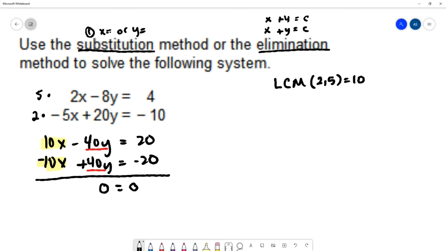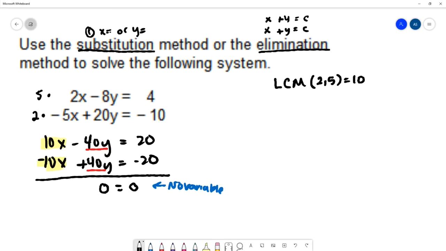So whenever this happens, and what I mean by this is that all of the variables are gone, that means that you have one of your special cases of systems of linear equations. And here's what I mean by special cases.